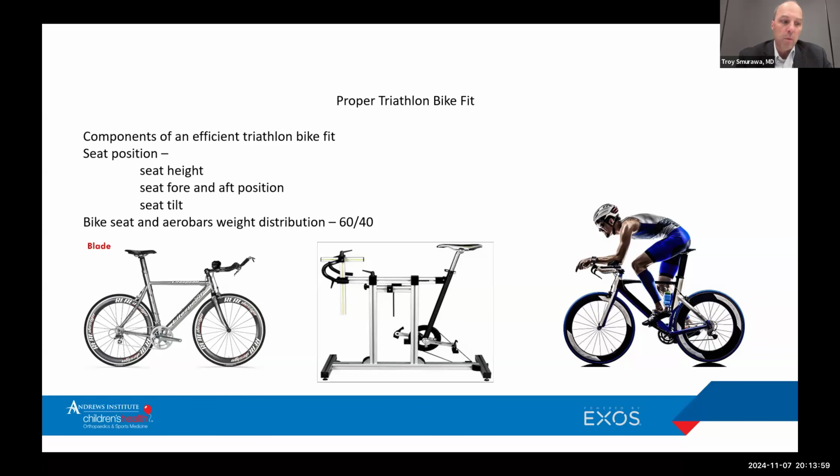And the important thing is that when you're fitting the bike, the aero bars are adjusted so that they're in the right position and have the right weight distribution, and that they're more efficient in bike fitting. And it's also important, as far as the width of the aero bars and your arms, because that can affect your aerodynamics, but also can affect your breathing. Arms tight together will be more aerodynamic, but that can affect your chest opening.